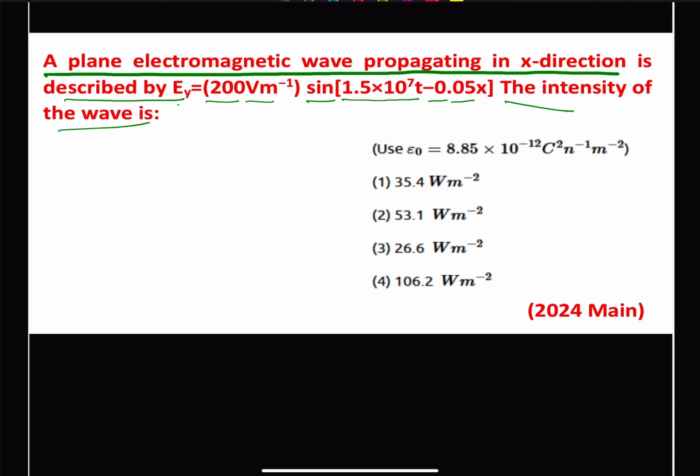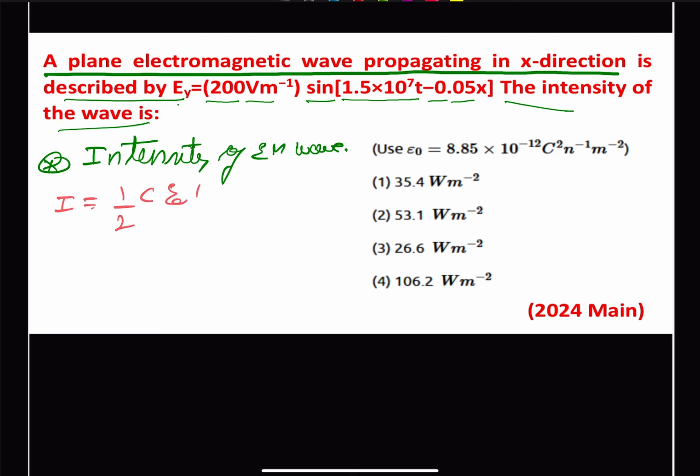So we can write that intensity of EM wave is represented as I equal to 1/2 c epsilon naught E naught square. Here E naught is the amplitude, which is given as 200.